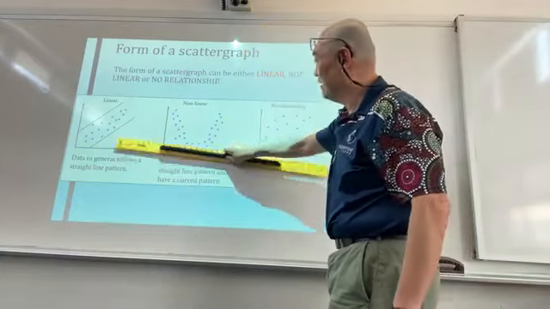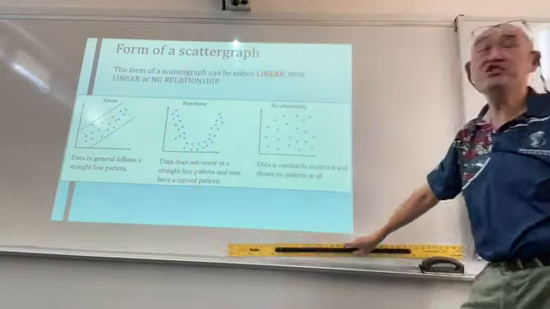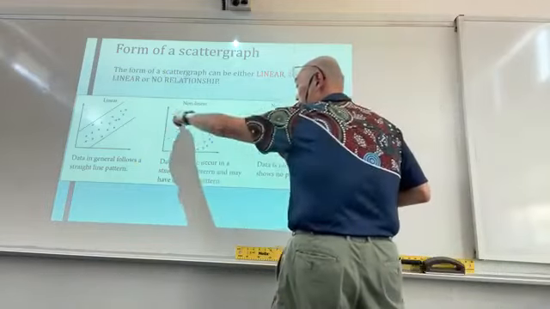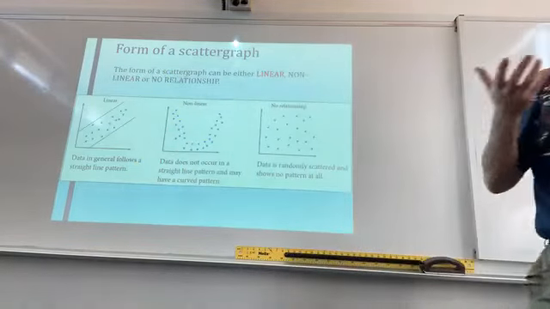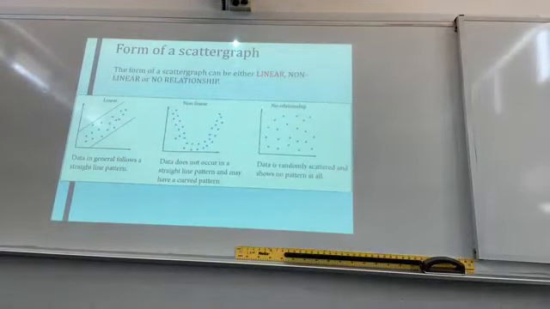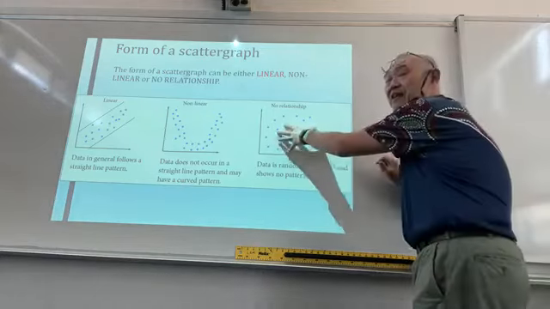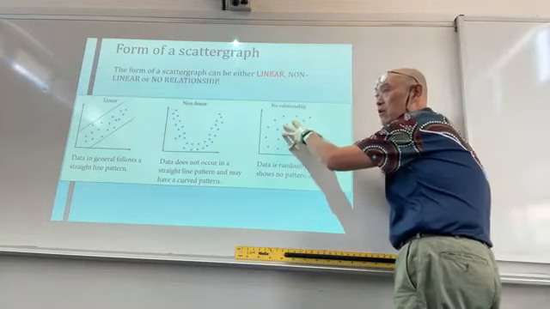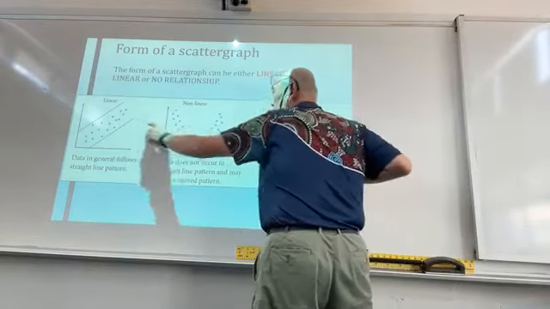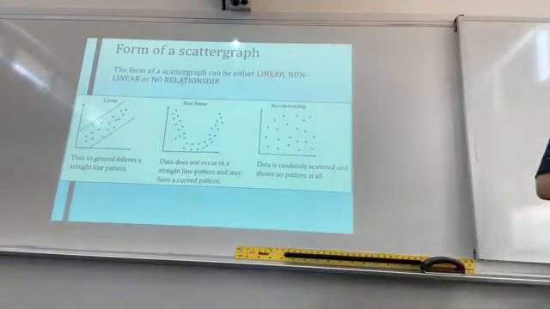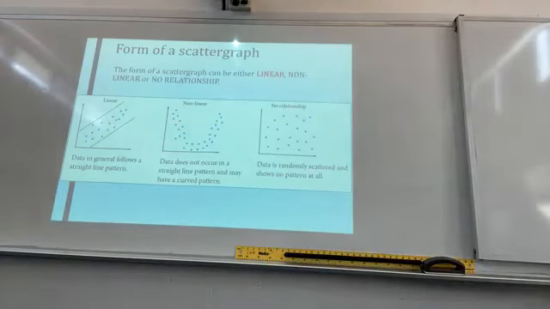Not here, not here, not here. There is a shape, sort of a parabola shape, but it's not a straight line. So the third one, there's absolutely no relationship at all, because it's scattered everywhere. You don't know how you could actually fit the data. There's no pattern at all. Look at the pattern: linear, non-linear, and no relationship. Those are examples of the pattern.